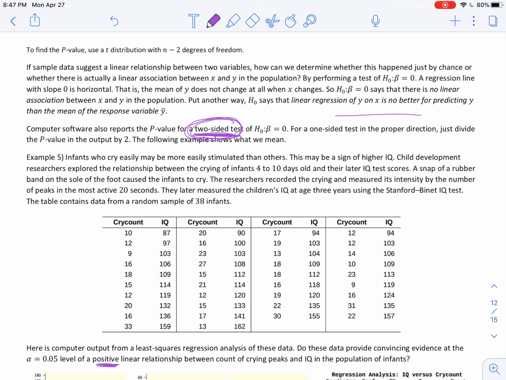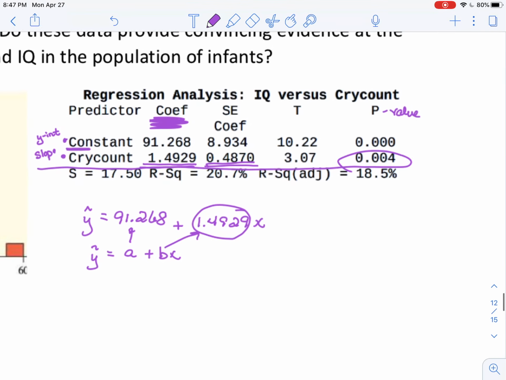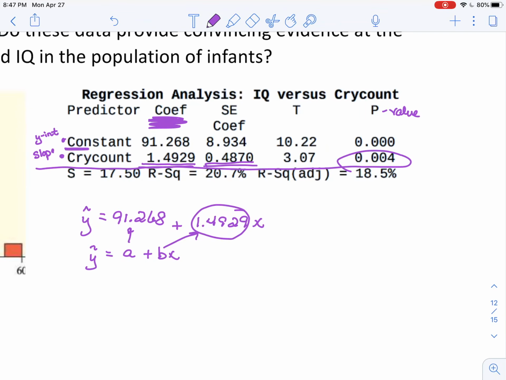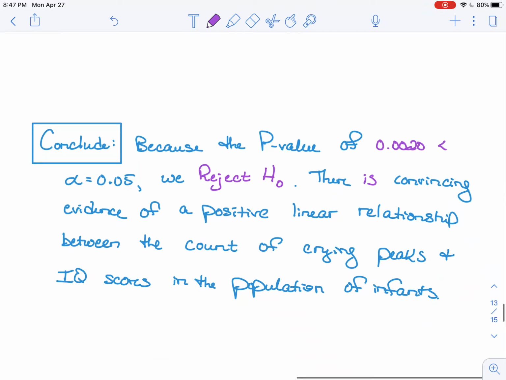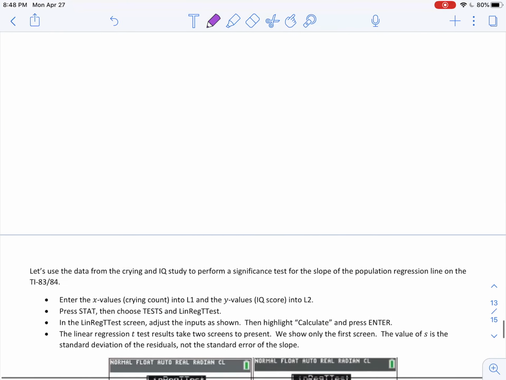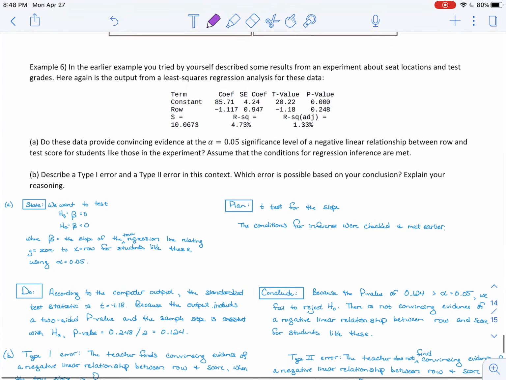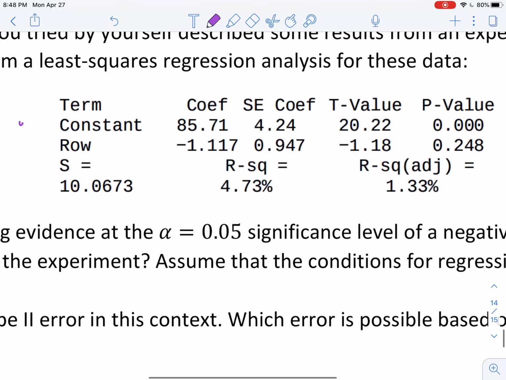So the thing that I kind of breezed over and said I'd come back to is that computer software gives you information for a two-sided test. So if you just need a one-sided test, you're going to divide that p-value output by 2. So if it's telling me my p-value is 0.004 for a one-sided test, it would be half of that, which, wouldn't you know, 0.004 divided by 2 is the p-value that we found by hand.